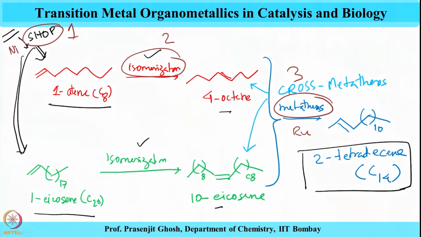So, this Shop process containing cross metathesis is a large scale industrial application of Shop as well as of metathesis chemistry. Now, towards this end a lot of research had to take place.